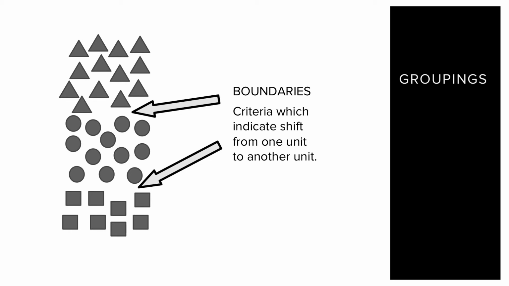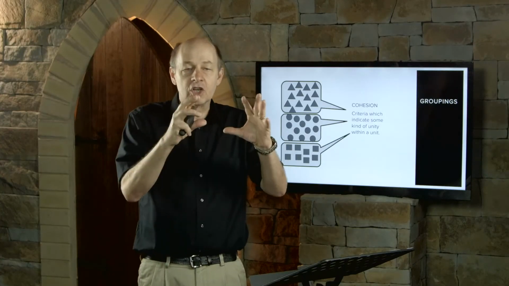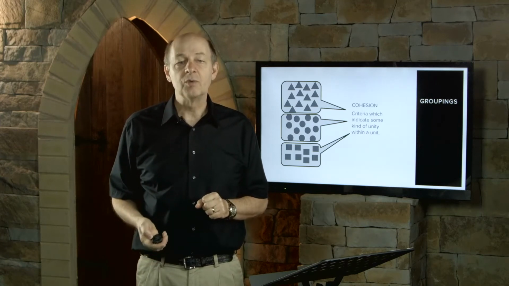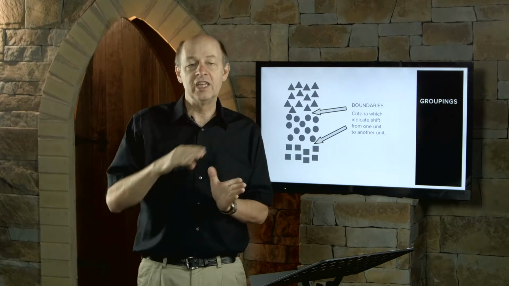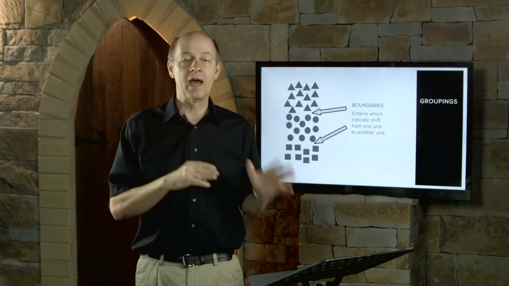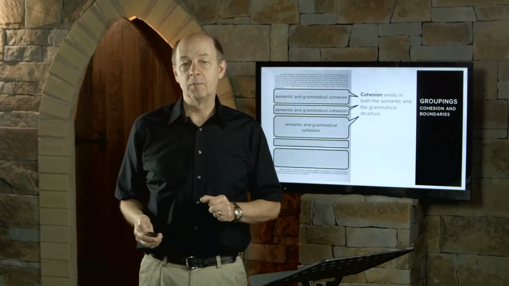So as we look at a body of text, we should be able to identify the cohesion, which is the glue gluing the smaller units together, and we should also be able to identify what specifically is marking these boundaries, both semantically and grammatically. Cohesion exists in both the semantic structure and the grammatical structure, and we'll explain that in a minute.